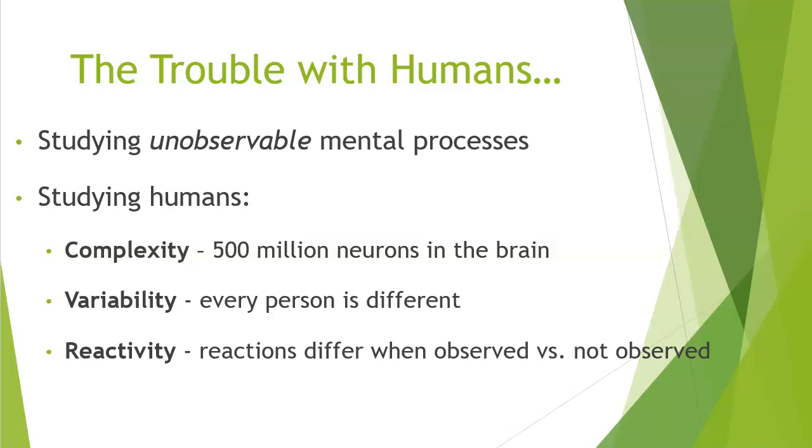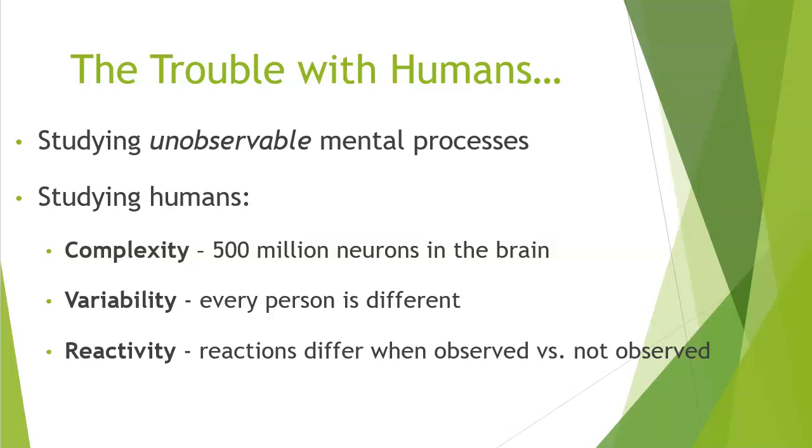And then we've got variability. Every person is different. So if you observe, say, 10 people, you may think you understand, but then you move on to an 11th person and they could act extremely different. That's just because of the variability between people. And then we have reactivity.